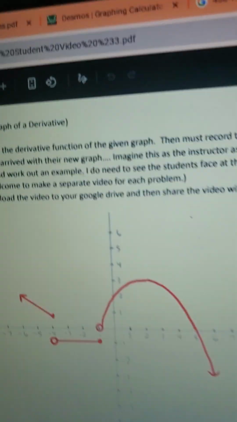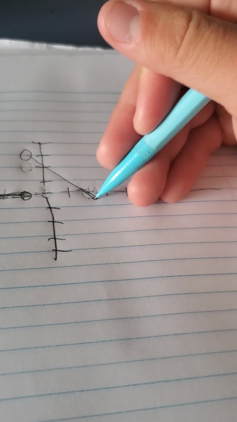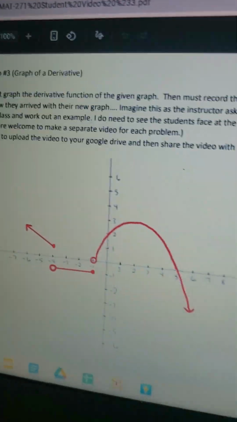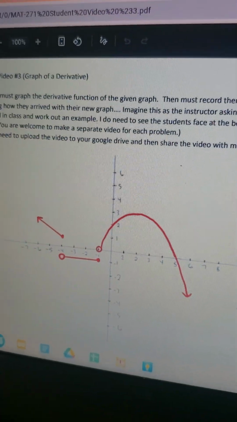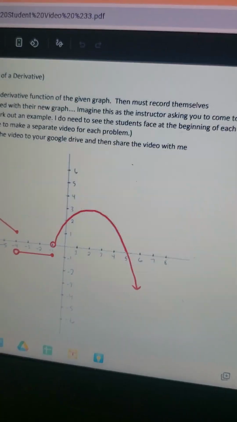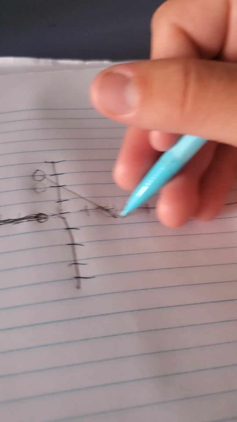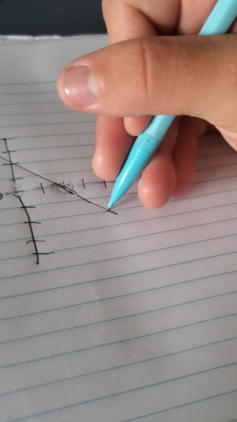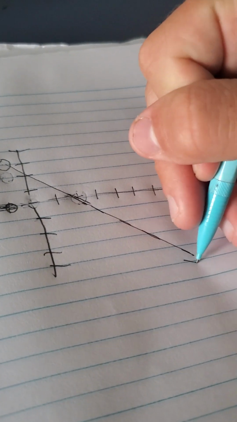Then we notice that it begins going negative, so the derivative will decrease to bigger and bigger negative numbers. So we know that the derivative line will keep going down and down forever. And that is all, and that's how you solve that problem.